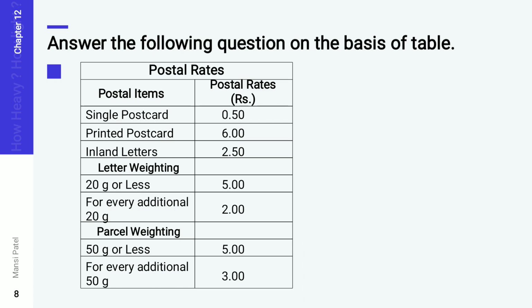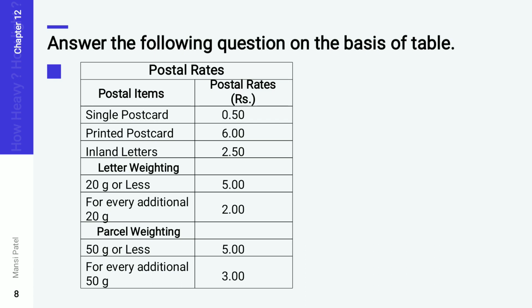Now first, see, this topic is new for you. Suppose, in the letter weighting, if the weight of your letter is less than 20 gram, means 19 gram, 10 gram, 5 gram, or 15 gram, then compulsorily you have to pay rupees 5.